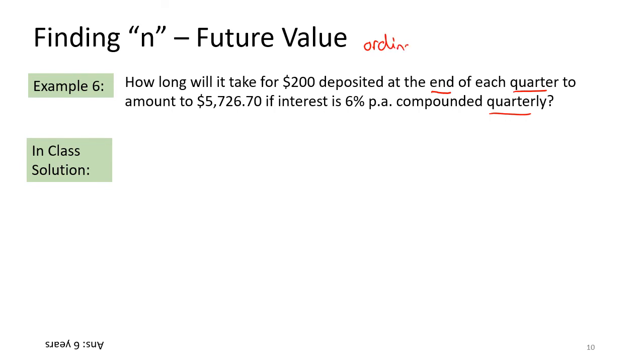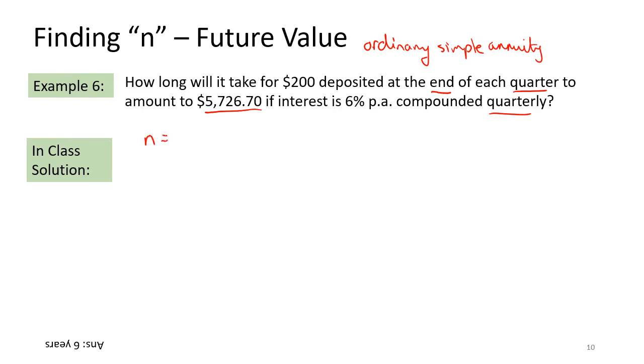So it's an ordinary, simple annuity. All right? Other thing to notice is we're trying to find how many periods it'll take to amount to this value, which means we're using a future value, all right? So that means the formula for n using future value would be used.